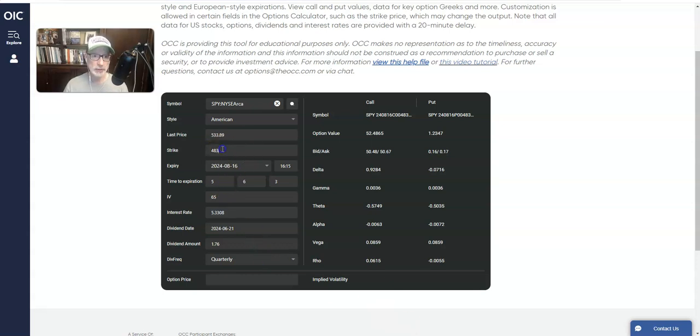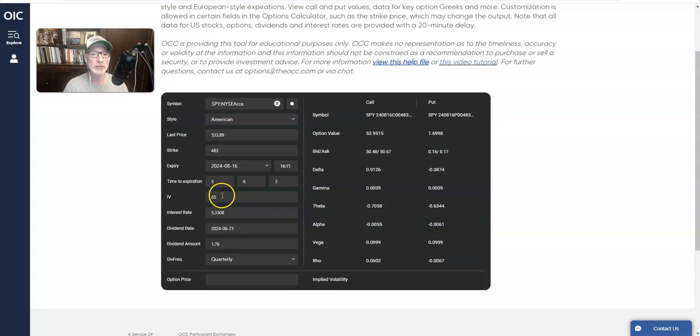And what we're going to look at here is a strike price of 483. That's 50 points below the current price of the SPY. This is what's called an out of the money strike. Stock's up, price is up here, and the put option strike is down here. We're going to look at the implied volatility of 65%.